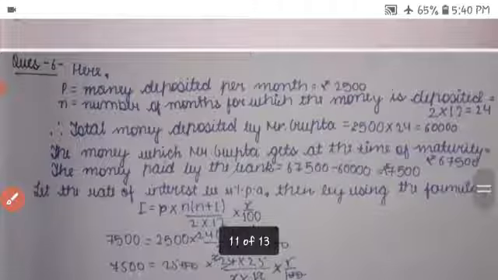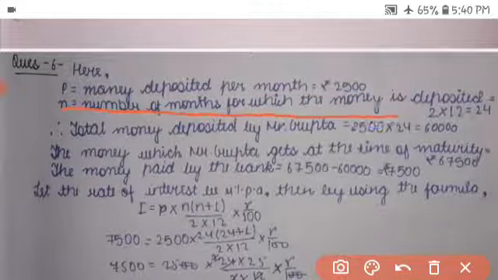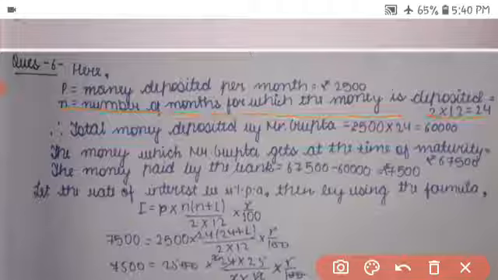Now look at here, children. P, money deposited per month, is rupees 2,500. Number of months for which the money is deposited, 2 into 12, is equal to 24. Total money deposited by Mr. Gupta, 2,500 into 24, is 60,000.